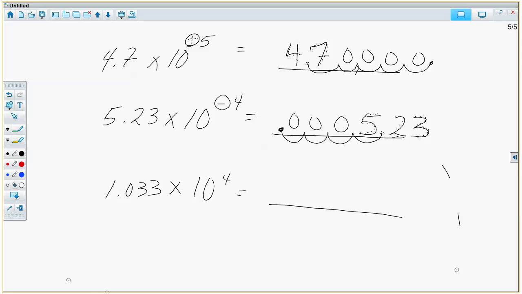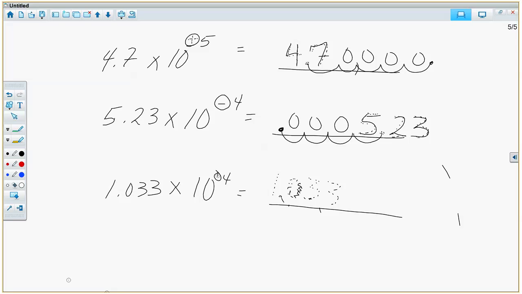And then this one, this thing doesn't draw dashes very well. It has a fit. It thinks I'm trying to do something else. All right, so there's my decimal. Which way am I going to move it? To the right.